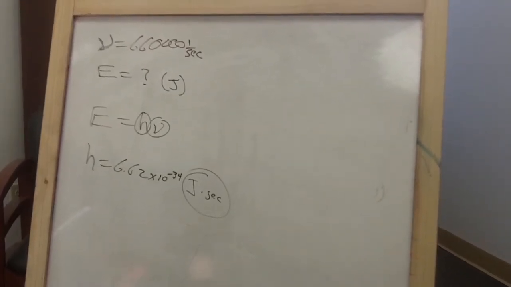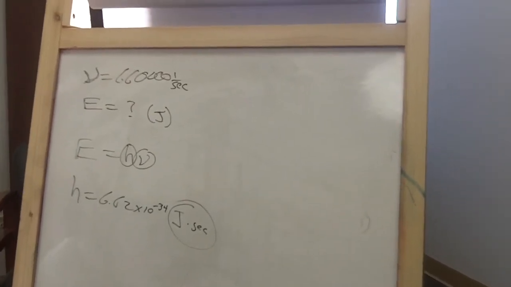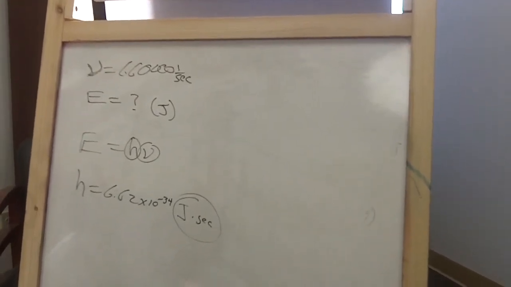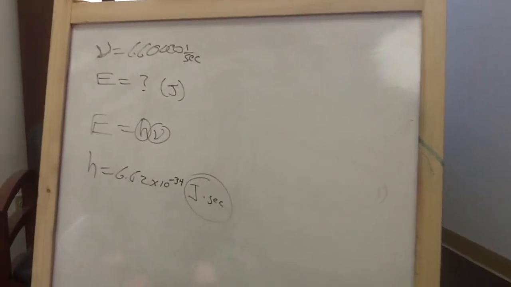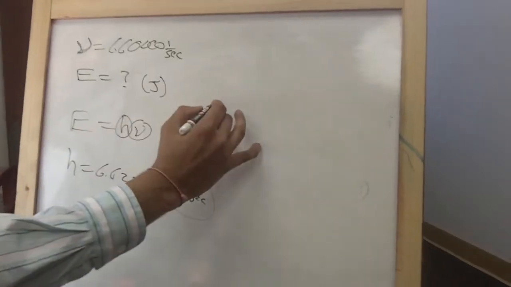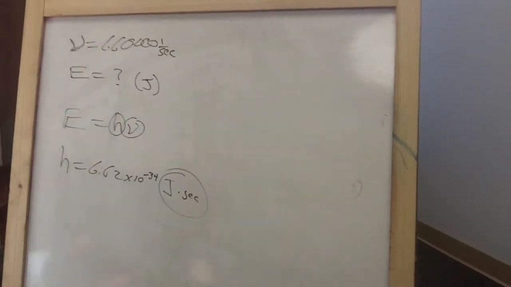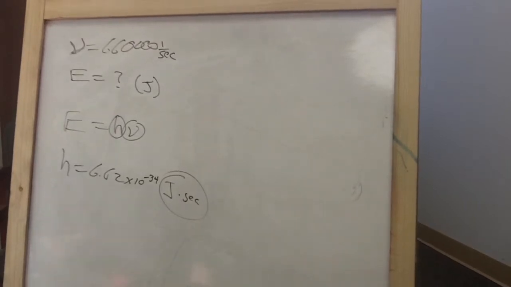Then it's just not scientific notation. Scientific notation is where you have a number point something times 10 to the something. Usually we do everything in scientific notation.